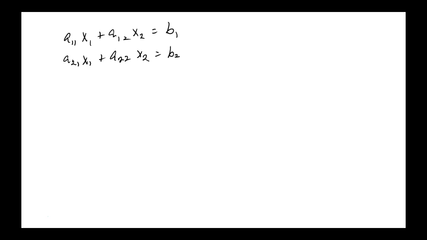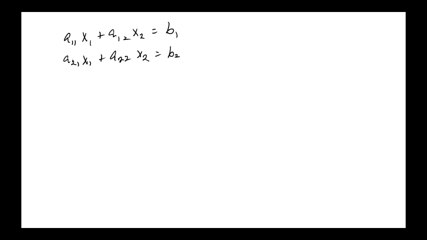Since we don't know what these coefficients are, it would be hard to solve by substitution. You could, but it would be messy. So the simplest thing is what they call elimination by addition.